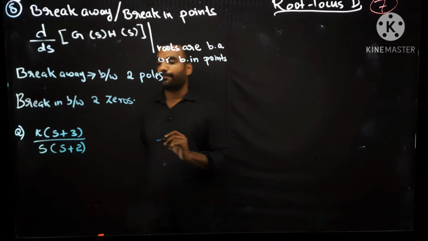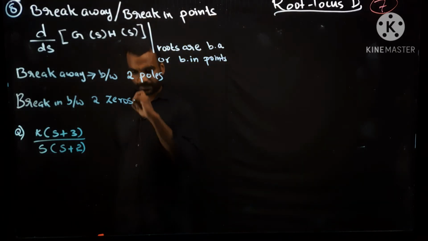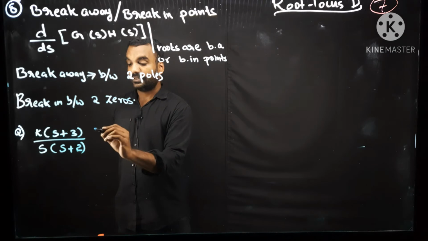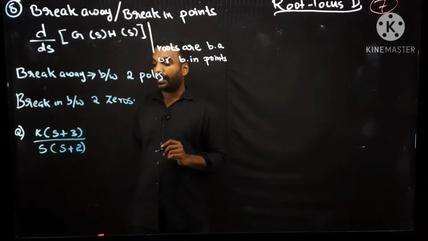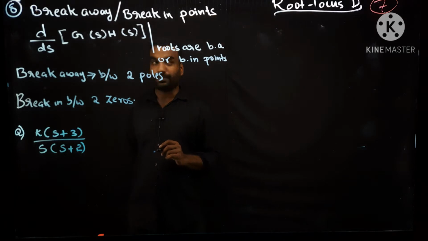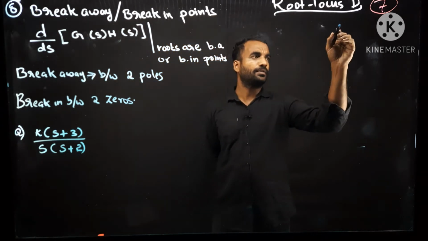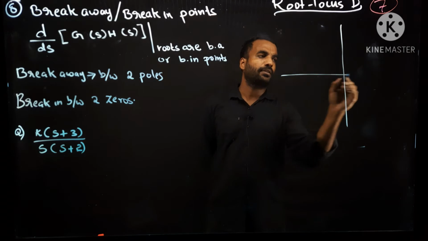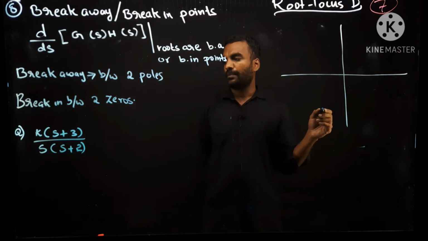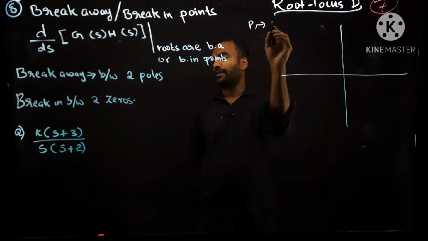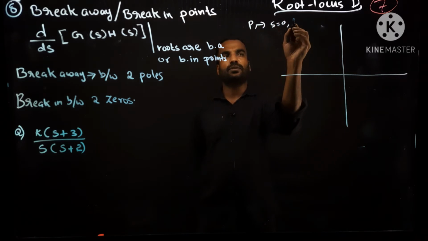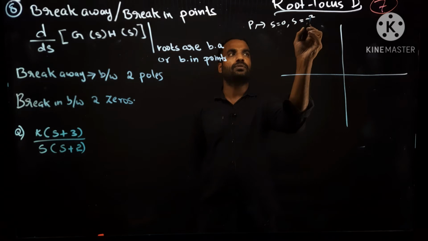For example, take this one. This is a question: K times (s plus 3) divided by s times (s plus 2). I will draw the root locus diagram here. Poles are s equals 0 and s equals minus 2.